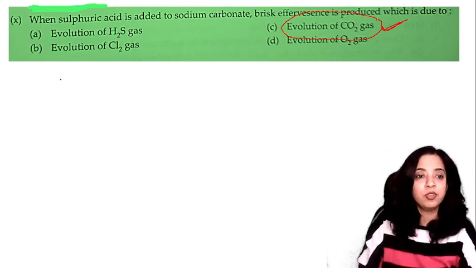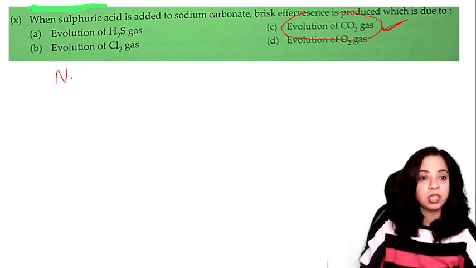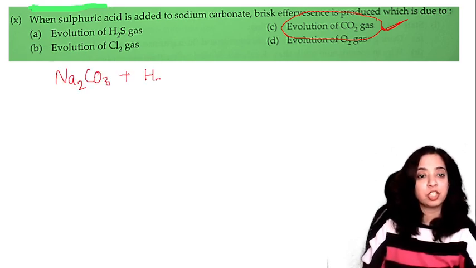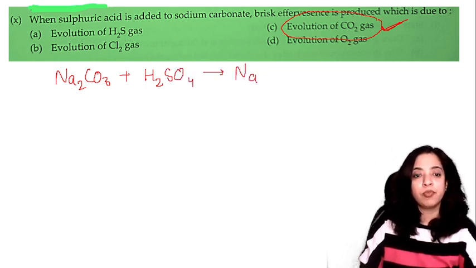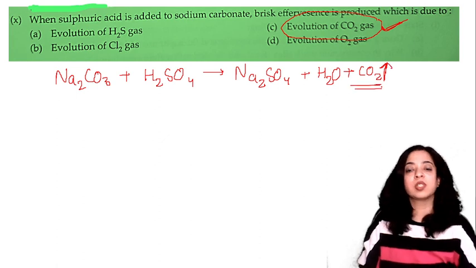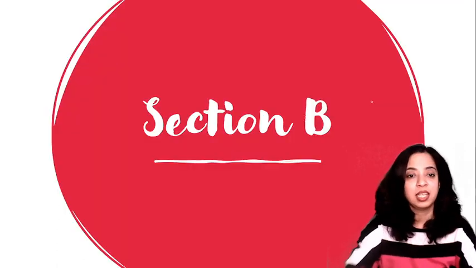Shall I tell you the reactions? See here. This is sodium carbonate, Na2CO3. When it reacts with H2SO4, it will form Na2SO4 plus water plus CO2. And this CO2 gas is responsible for the brisk effervescence.